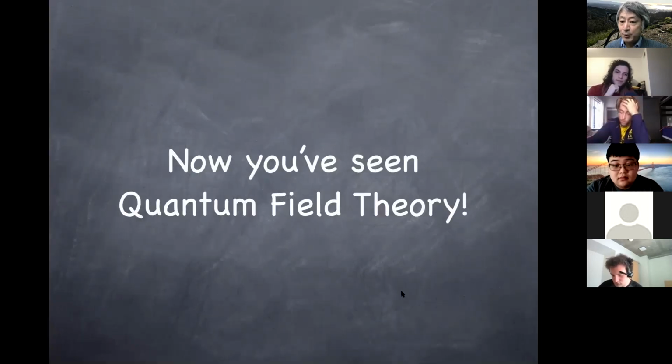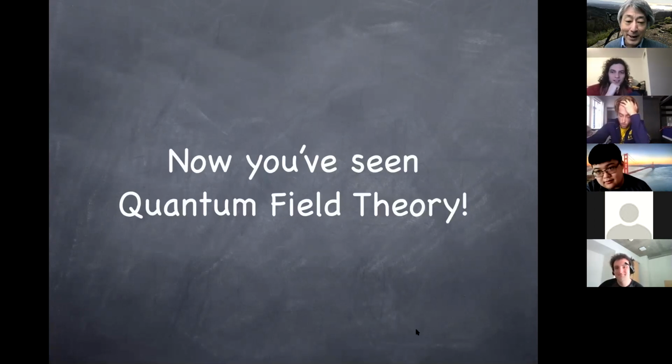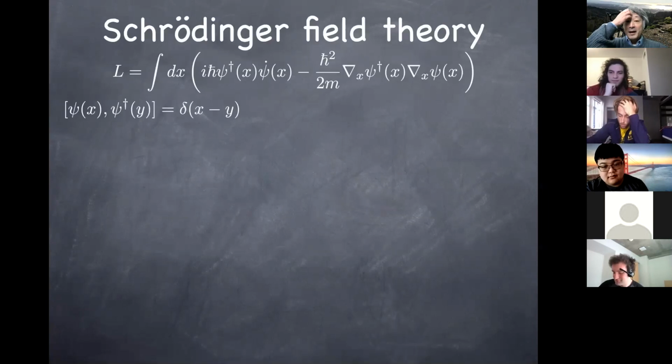Okay, so now you have seen quantum field theory. Ta-da! So that's already major progress. So we have actually constructed the Schrodinger field theory bottom up. So you are experiencing, sort of witnessing how the quantum field theory came about. But now we take the top-down approach. If you are given this Lagrangian, what are you supposed to do?